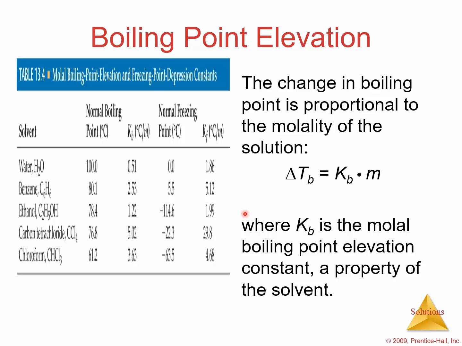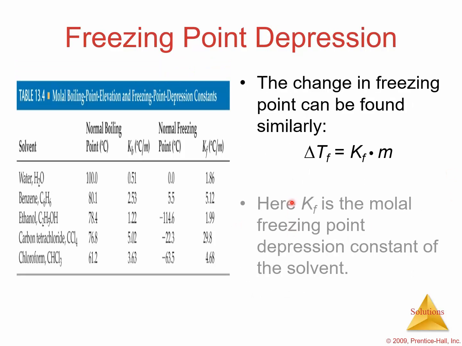As a result, the boiling point elevation of a 1 molal aqueous solution of NaCl is approximately 2 molal times 0.51 degrees centigrade per molal, which equals 1 degree centigrade, twice as large as a 1 molal solution of a non-electrolyte such as sucrose. So it is important to know whether the solute is an electrolyte or a non-electrolyte.